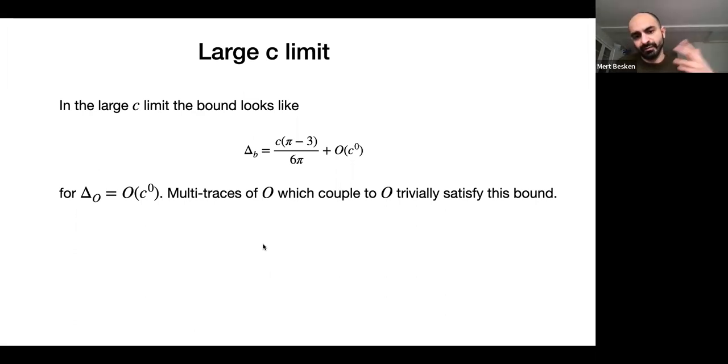The bound you derive from this algorithm is also trivially satisfied by multi-traces of your single trace, which just correspond to multi-particle states in the bulk. So we don't get anything non-trivial in the large central charge limit. That was all. Thank you.